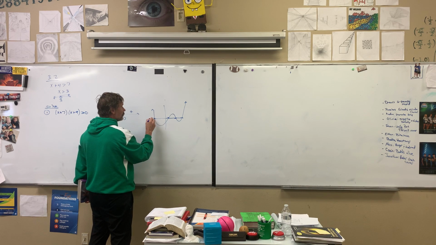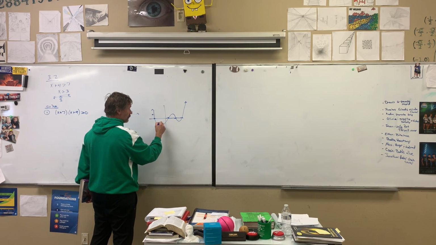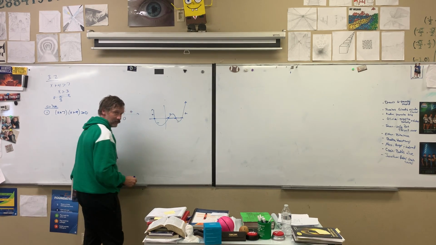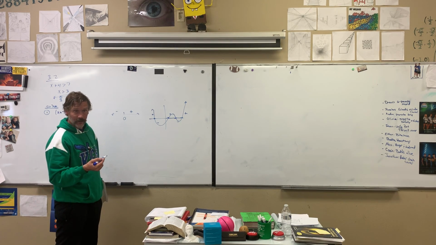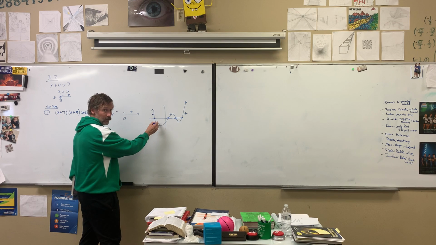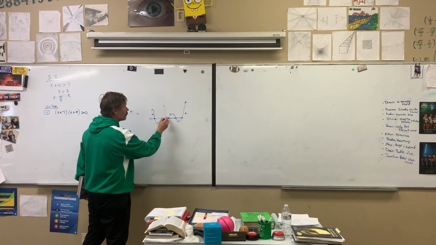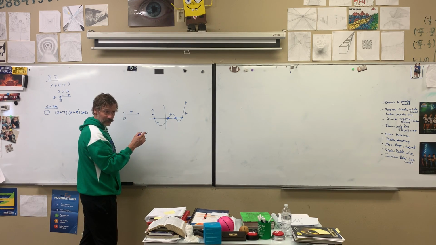On either side of a zero, you'll have either positive outputs or negative outputs, in this case negative and then positive. Your y values, your outputs, are either positive or negative, and the zeros dictate where we have positives and negatives on either side.